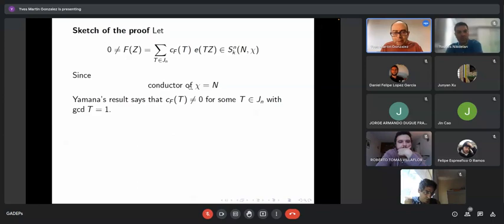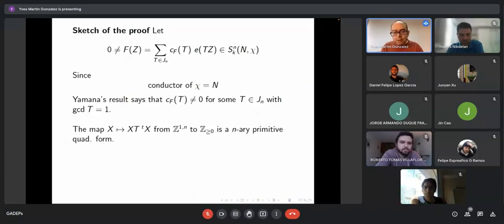But I put myself in the situation where this quotient is 1. So I can say that there is one Fourier coefficient indexed by t which is non-zero, where t is primitive. In other words, GCD of t is 1. So I use Yamana's result and I get that.